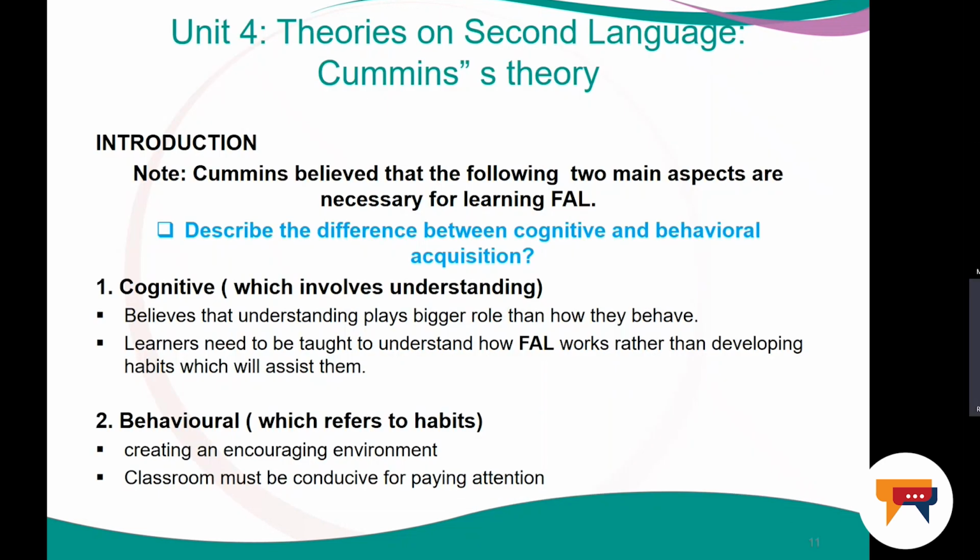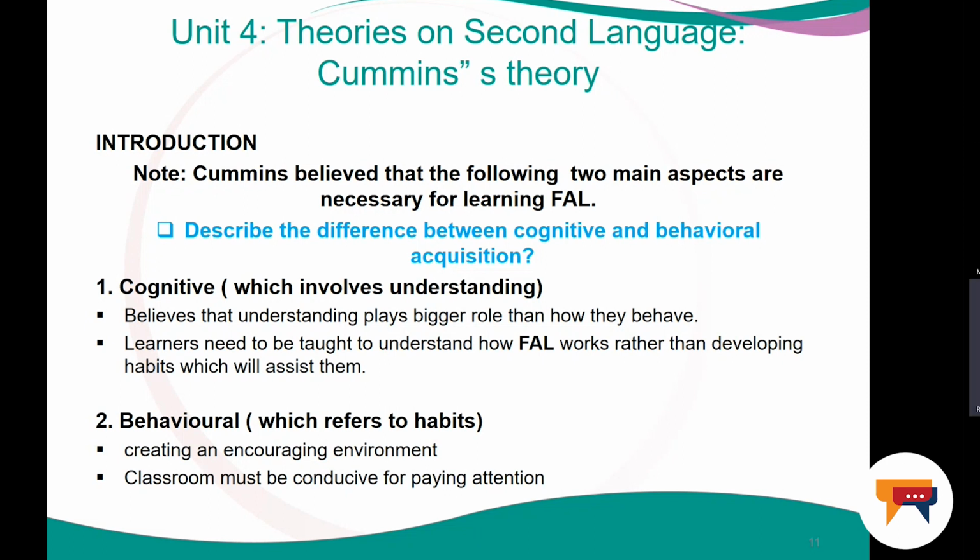Now, this theory of Cummins of second language, I've given you a question. They say Cummins believed in the following two aspects. I asked you to describe the difference between cognitive and behavioral acquisition. Cognitive involves understanding. Behavioral refers to habits.